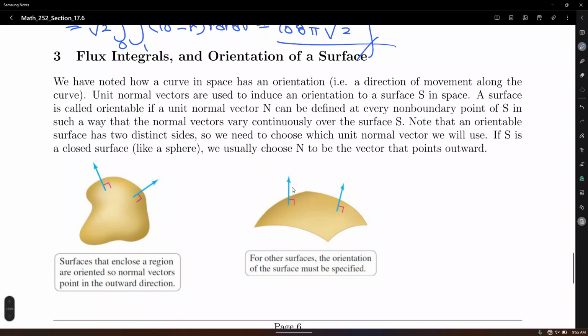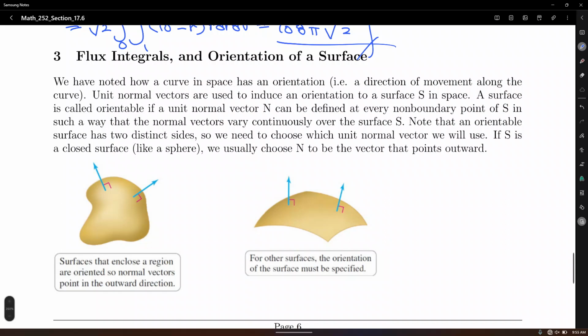But any other surface like a polynomial in x and y with an exponential is not a closed surface. That's represented by the second picture here. Now here's the thing. For surfaces that are closed, the normal vectors will always point out. That is, they're oriented outside.